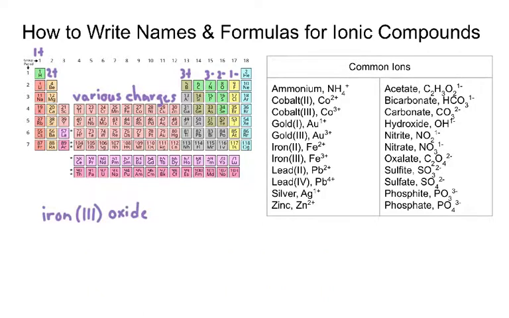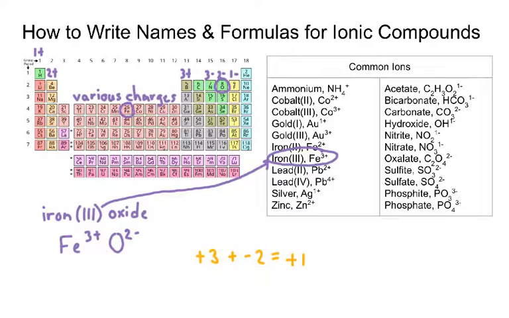Our next example is iron 3 oxide. The cation is iron with a 3+ charge, which can be found on our common ion sheet, and oxide, which is a monoatomic anion on the periodic table. It has a 2- charge. You can see that these two ions together would have an overall positive charge, and we need to find a way to balance their charges out.